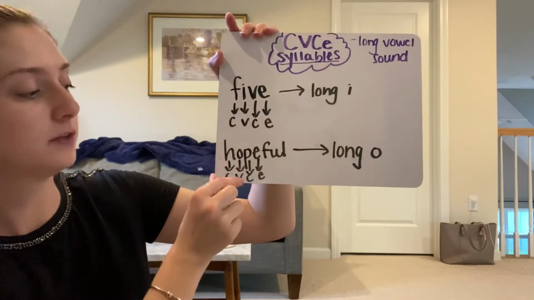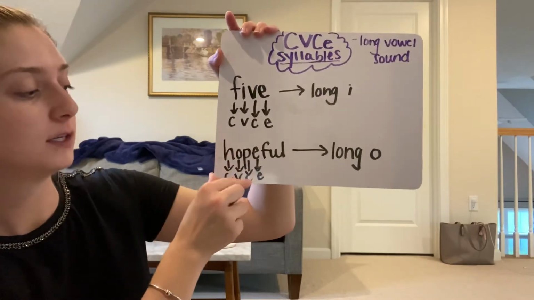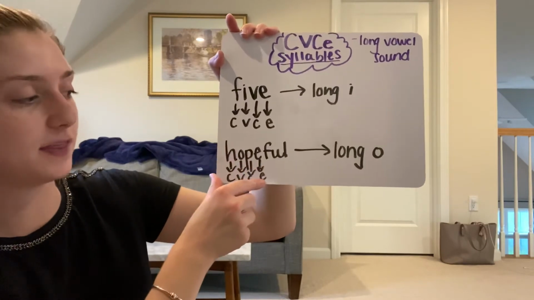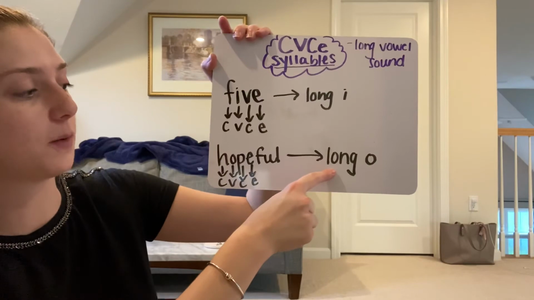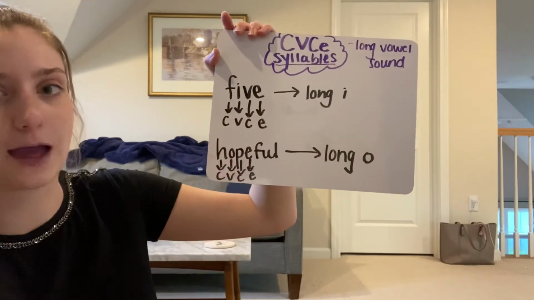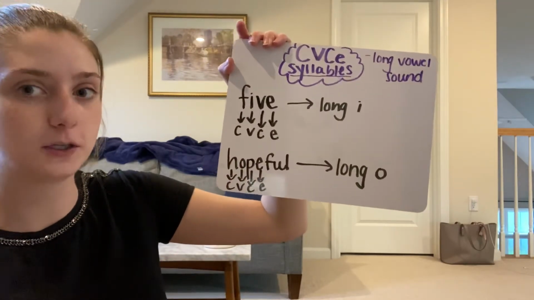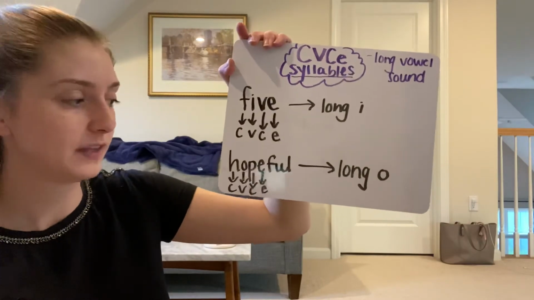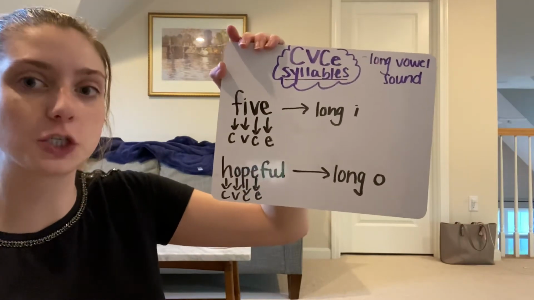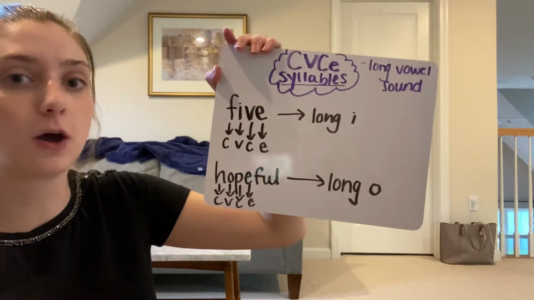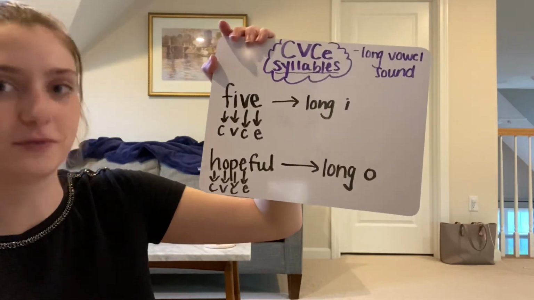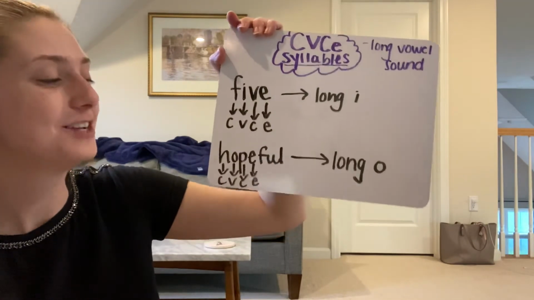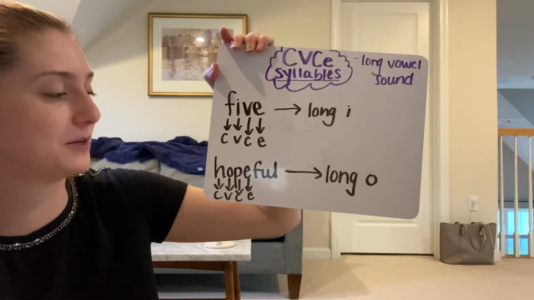Consonant, H, vowel, O, consonant, P, and then the E, we do have the E. That tells me that this word is going to make a long O sound. Hopeful. Hear the O? Hopeful. It's not a short O. We know that our short O sound is ah, right? It's not hopeful with a short O. It's just hopeful with that long O sound.